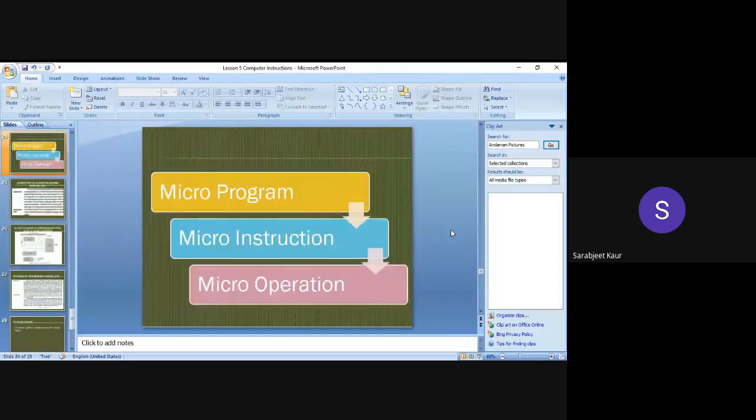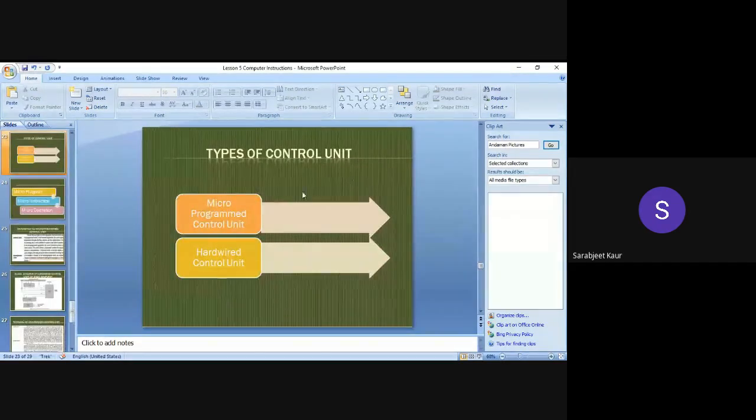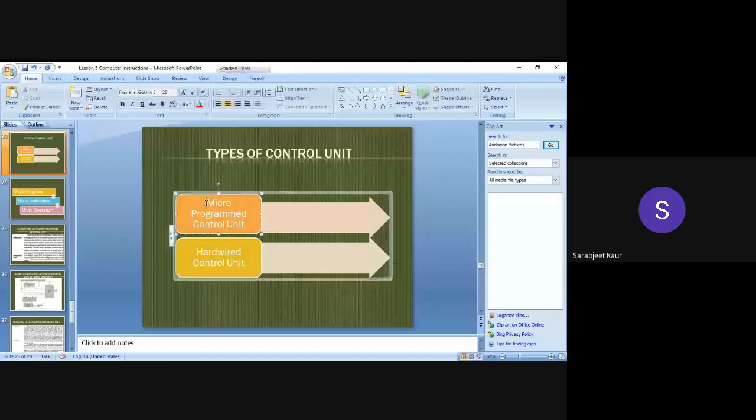So in a micro programmed control unit, what do we have? We have a micro program which tells the control unit how to work. Now, since you know it is easy to change instructions, what is easy to do? Is it easy to change the circuit every time, or is it easier to change a micro program?